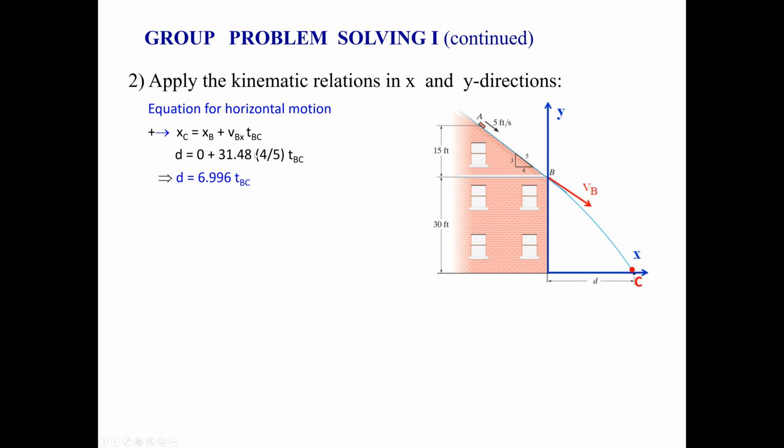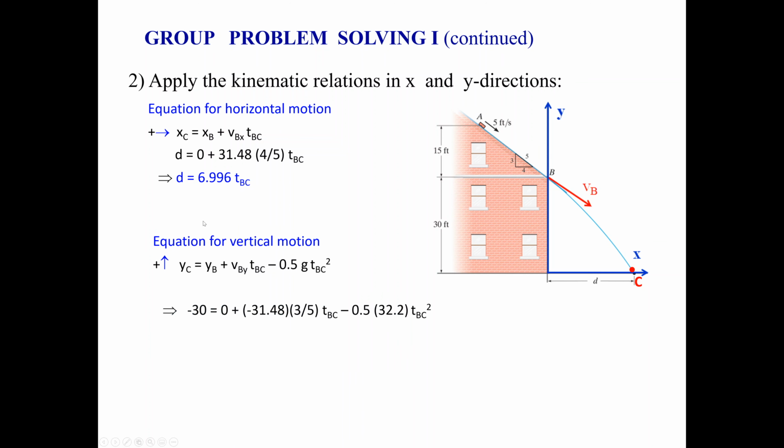So this is the x component of the velocity, the 31.48 times 4 over 5, and that gives you some distance, which is some coefficient, times TBC. Now you can see in this equation, of course, we don't know what TBC is. So then you can apply the equation for vertical motion. The way the author did it, you have some choices.